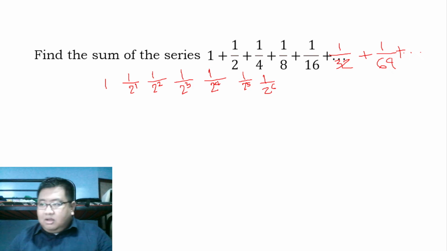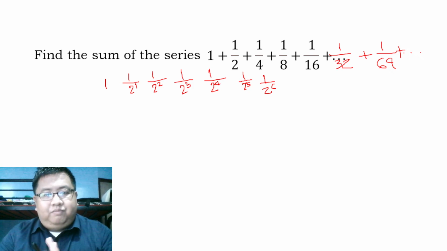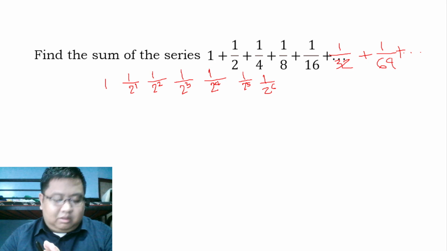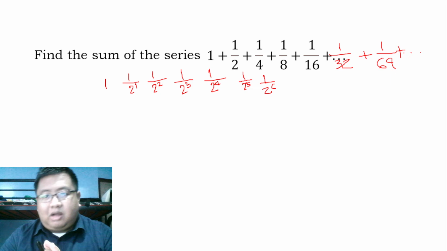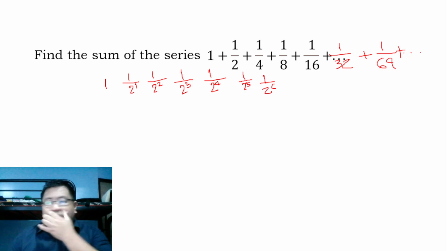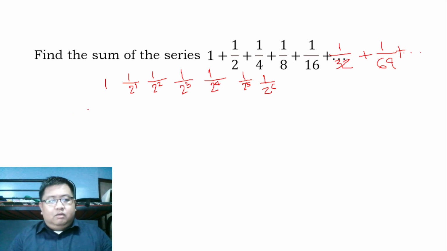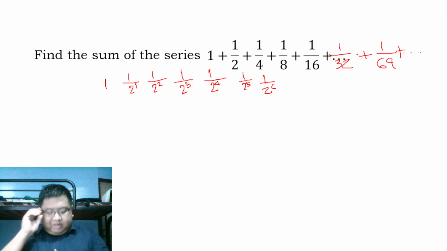Given that we have this, a geometric sequence, remember, is a sequence in which you get the next term by multiplying a term by a common multiplier, which we call the common ratio, which is R. Since we have an ellipsis here, this is a geometric series.